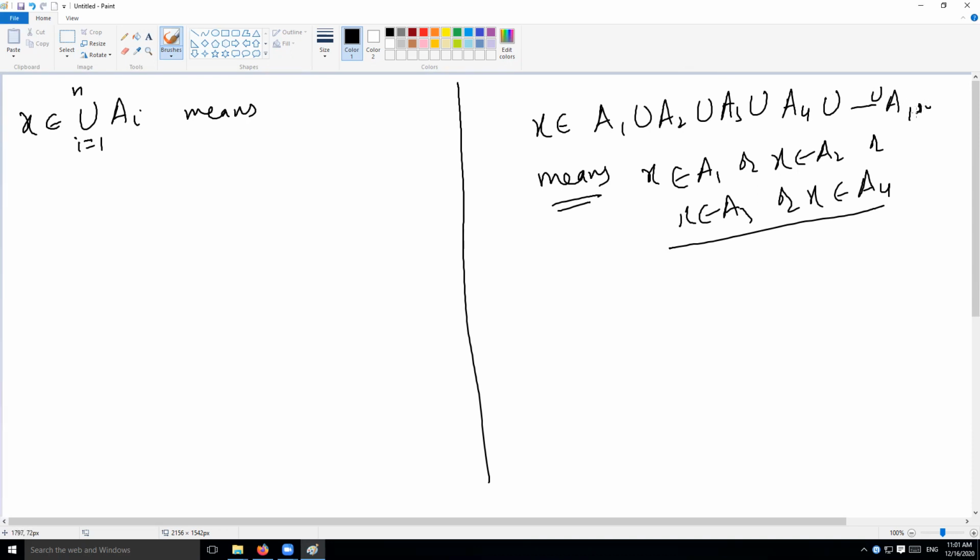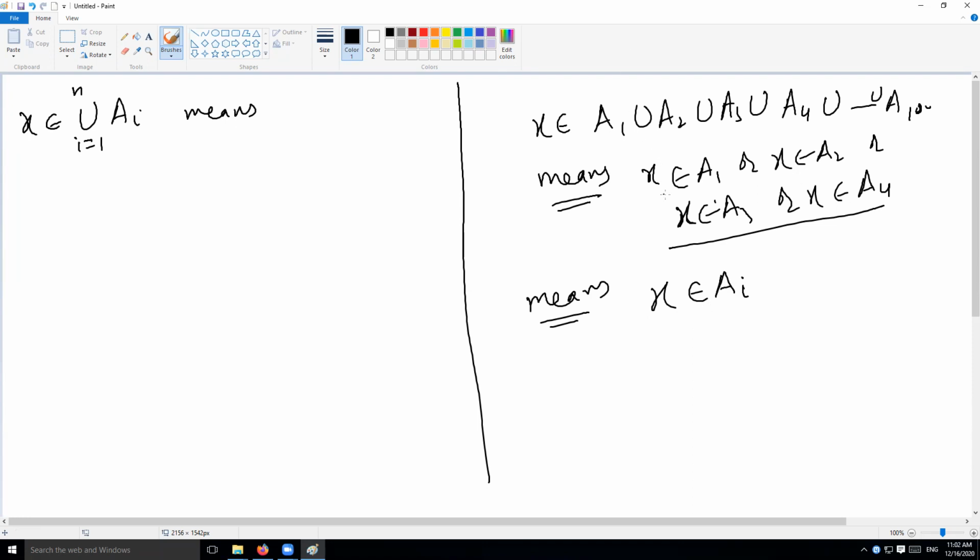100 हो तो क्या करेंगे? Will you write x belongs to A1 or x belongs to A2 or x belongs to A3 or x belongs to A4? What should be the quicker way to say it actually? What do you think? The better way to say this is that x belongs to A_i.